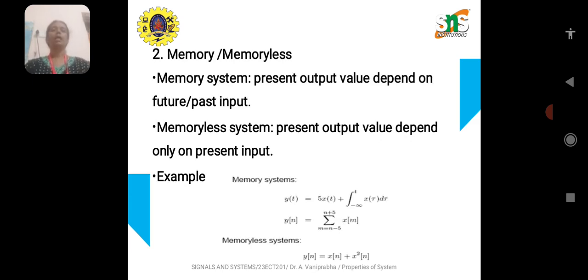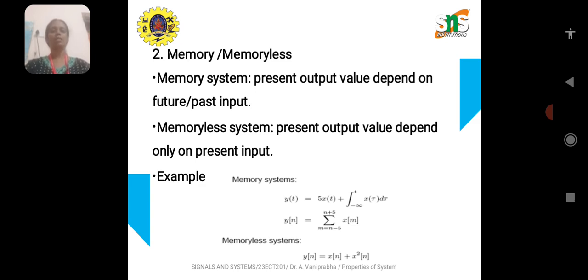The next property is memory or memoryless system. We know what memory is. The system will store the previous values or previous results. Whatever results were obtained in the past and previous time periods, everything is stored. If everything is stored, then it is called a memory system, which holds the past and present values.